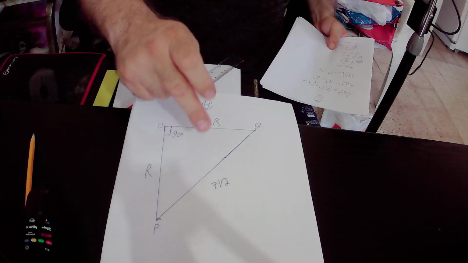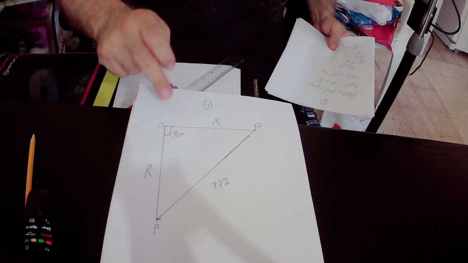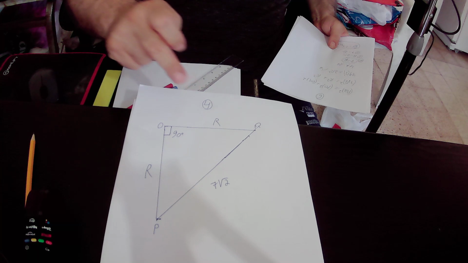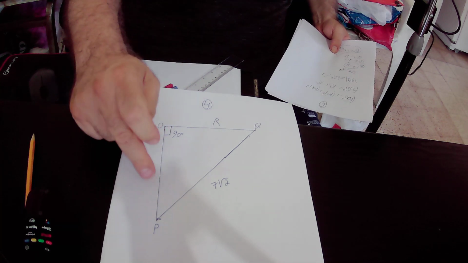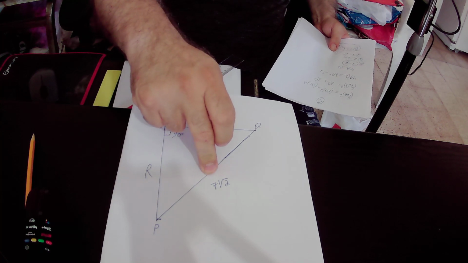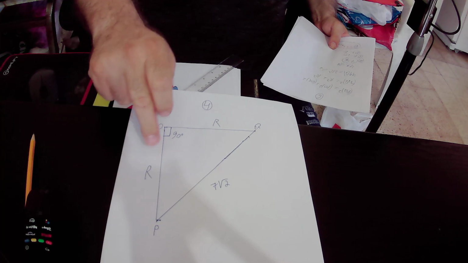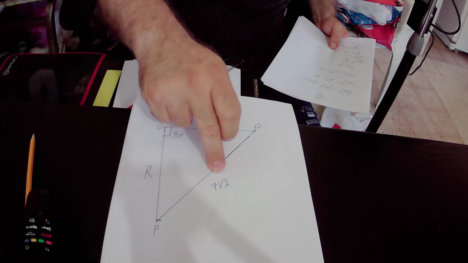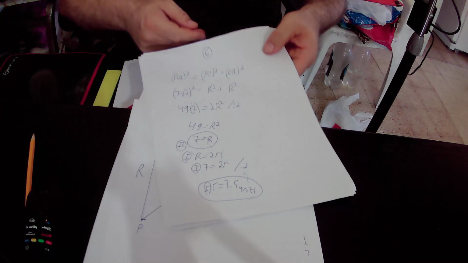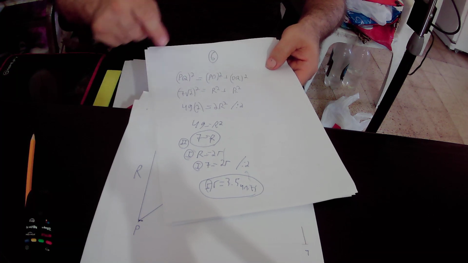So PQ squared equals OQ squared plus PO squared, but we know that OQ equals R, OP equals R, and PQ equals 7 times root 2. So we can say that R squared plus R squared equals 7 root 2 squared.